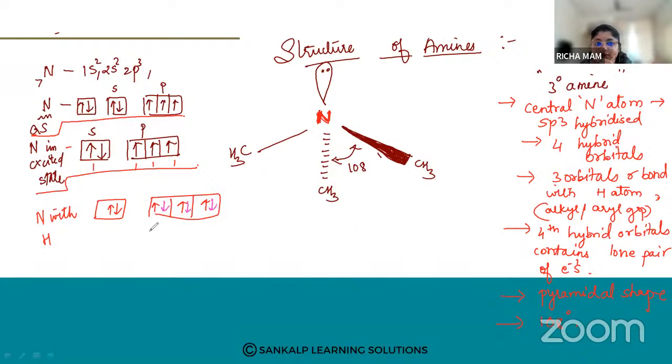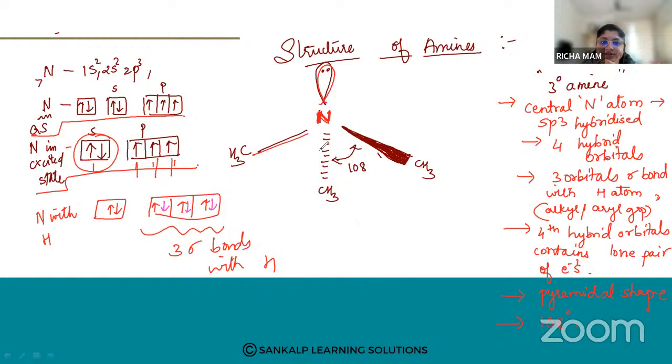So what does it form? Here you can see, first I'll explain the ground state. These are the four hybrid orbitals which are available. Out of these four, three will form sigma bonds with hydrogens. These are the three bonds. And the fourth hybrid orbital consists of the lone pair of electrons.